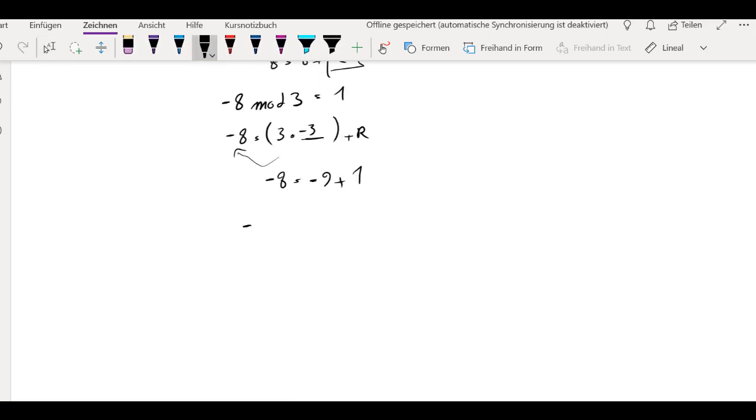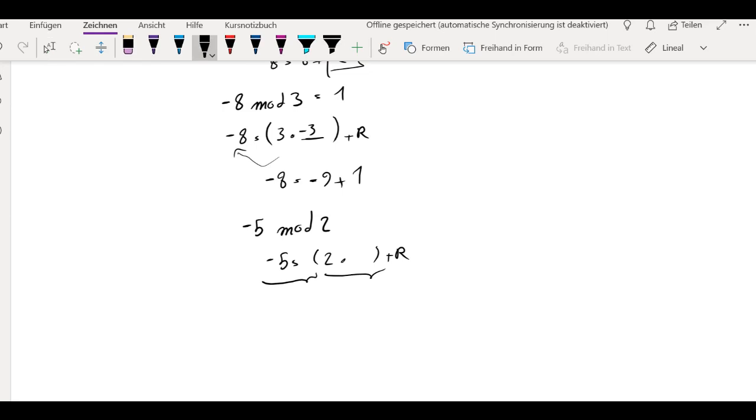Let's try minus 5 mod 2. Minus 5 is equal to 2 multiplied by something we don't know plus R, and the sign of these two should be equal to the sign of this one. Minus 2 would give me minus 4, which would be a little bit bigger.